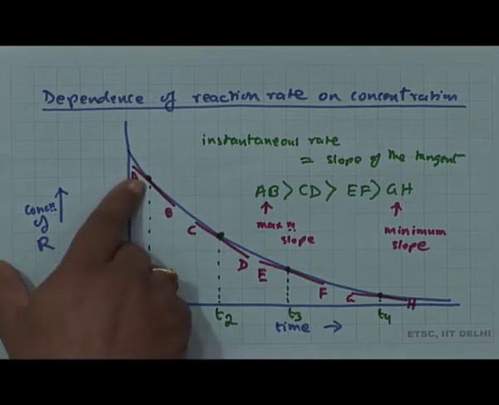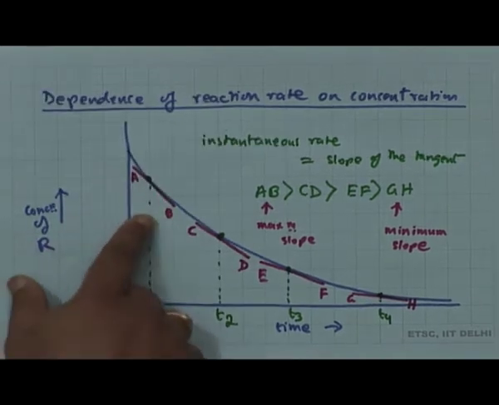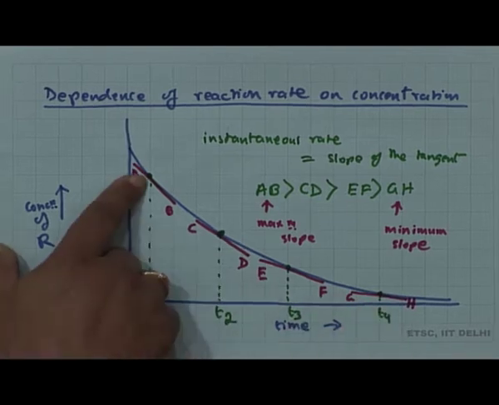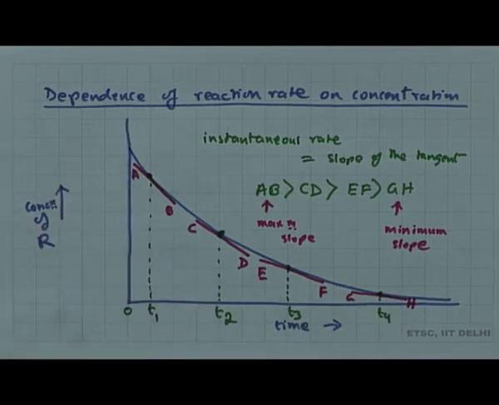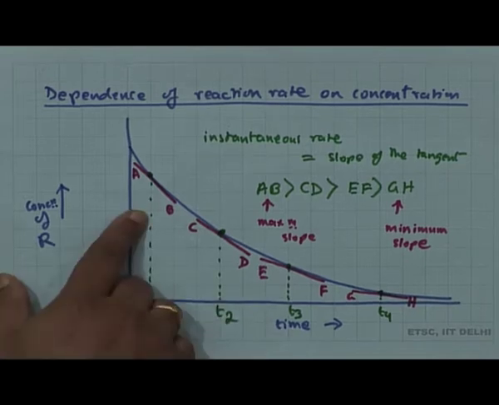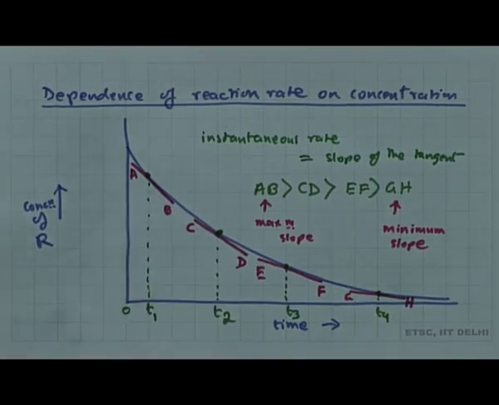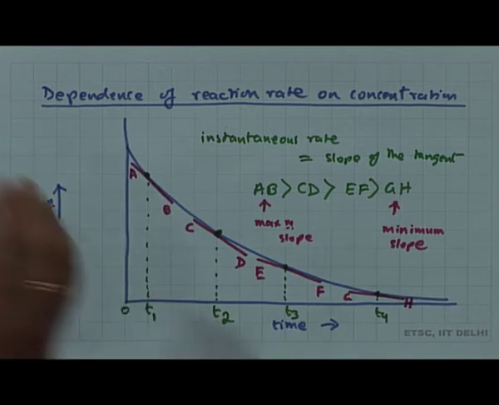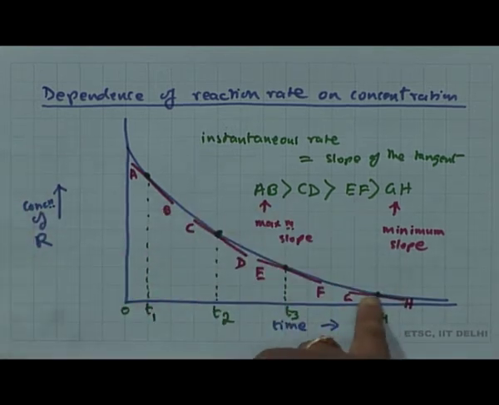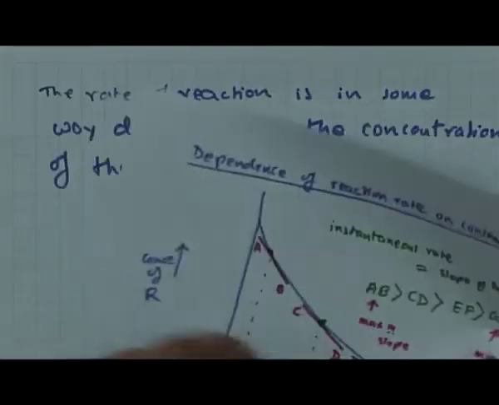So, for example, amongst all these time points t1 to t4, at time t1 where the concentration of the reactant is the highest, the slope is also the highest. Then I go to the next one where the concentration has decreased a bit at time t2, then the slope has also decreased. I go to the last point t4 where the concentration of reactant is the lowest, then the slope is accordingly also the lowest.